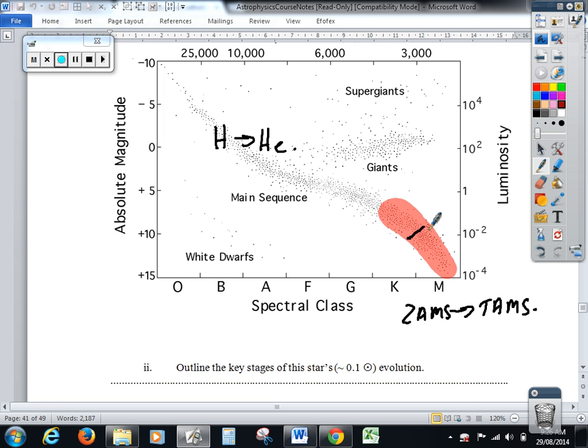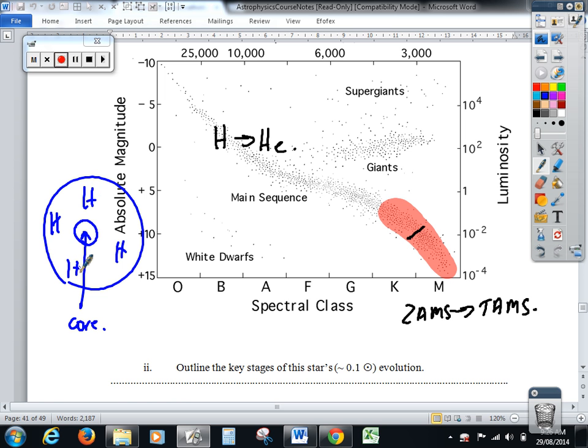Now, just before we go any further, I want to make sure that you are very clear. When I say a star runs out of hydrogen, there is our star. This is just any star. This is the core. Okay? Most of the star is still made up of hydrogen. There is hydrogen out here in abundance. But it's only the hydrogen in the core that can fuse.